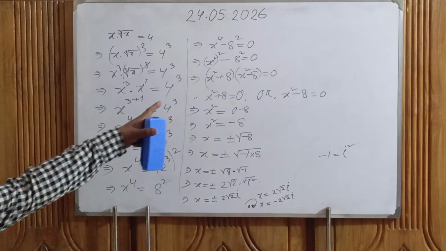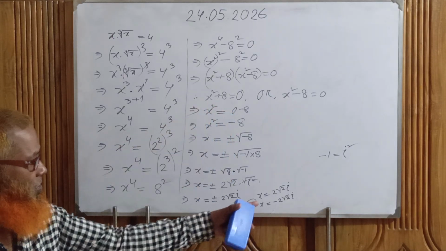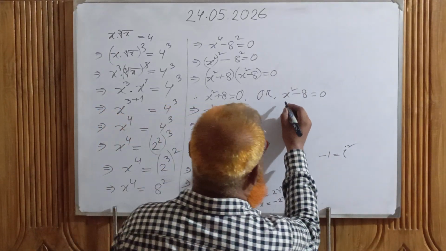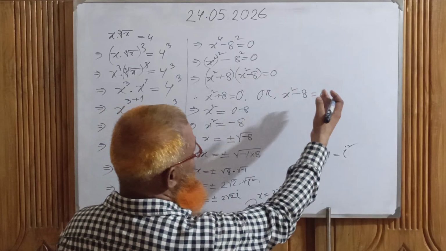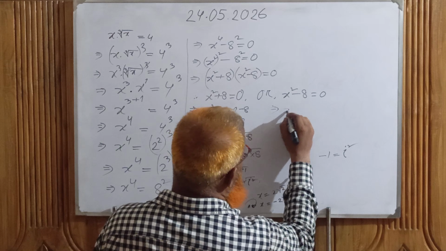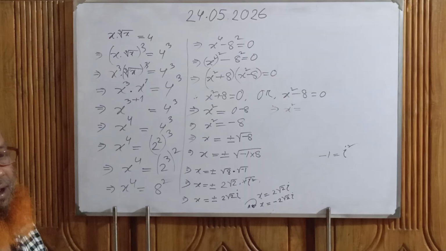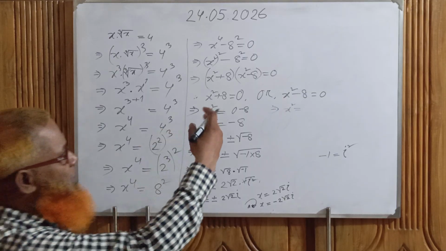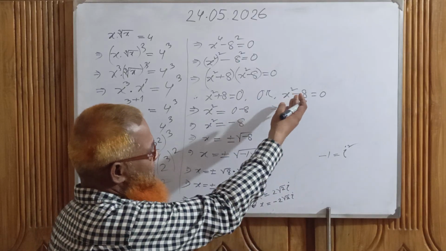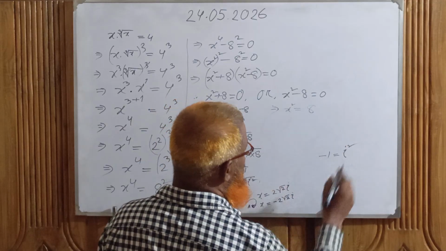This is x square plus 8 equal to 0, and here x square minus 8 equal to 0. So x square equals negative 8, and we move it from the left side to the right side. Negative 8 should be positive 8, so it equals 8.